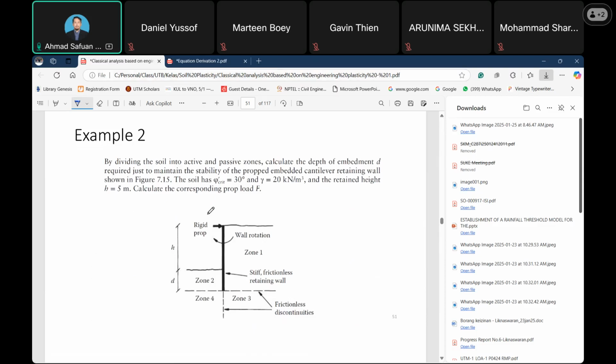The soil phi value is 30, gamma is 20, the height H is equal to 5, and D is considered the embedded depth in the soil.